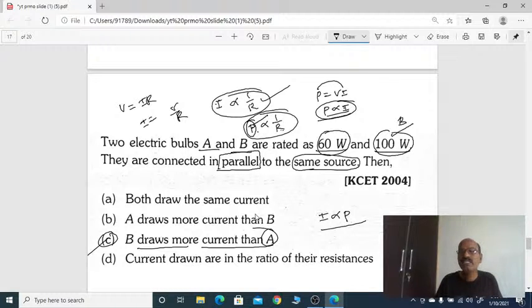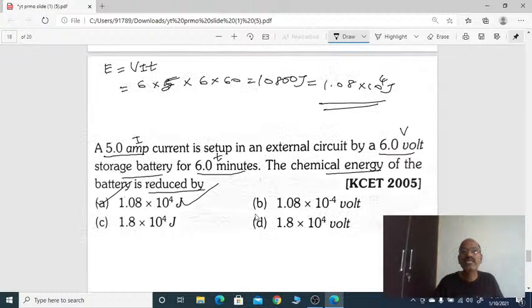So the bulb with the highest power will draw more current because they are connected in parallel. So option 1 is the correct one. Yes, Amina, got it now.